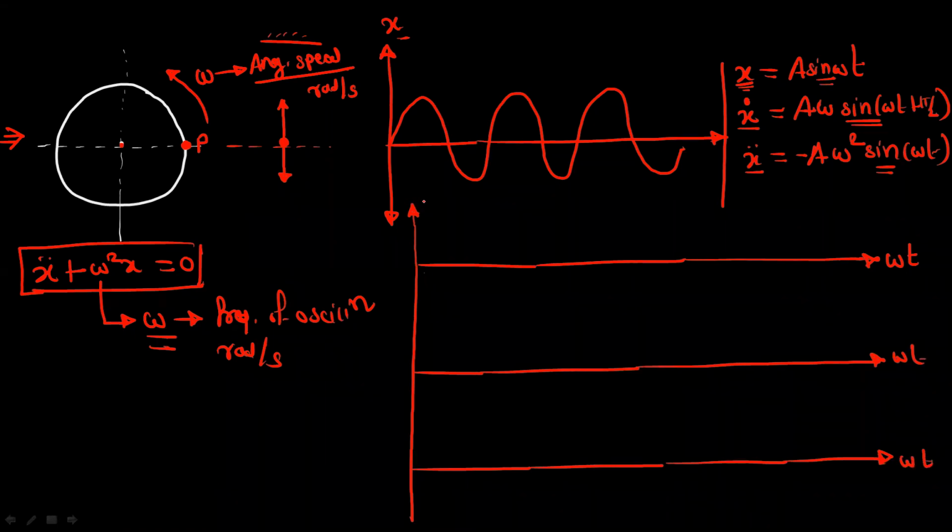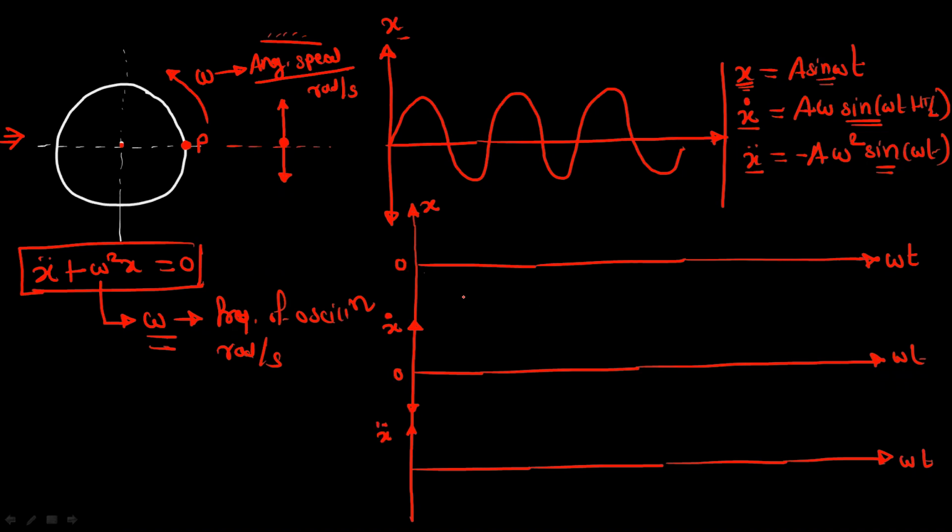Now here, the first graph is displacement versus time. So this is the zero value. Then the second graph, this is velocity. So this will be x dot. This is the zero value. And the last graph, this is the acceleration, that is x double dot.